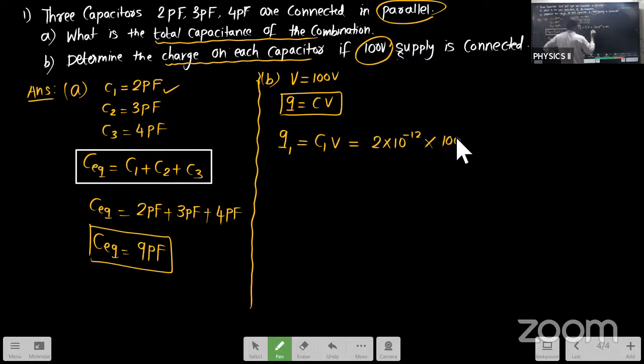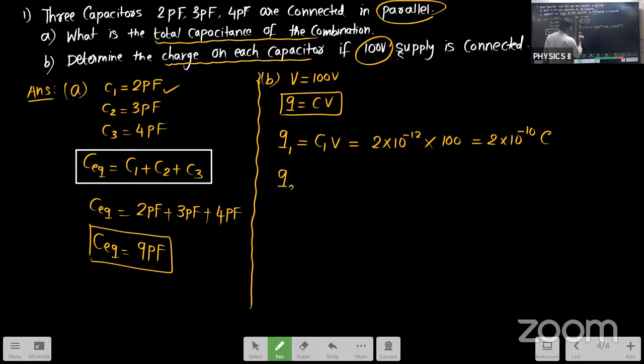So what will be our answer? This will become 2 into 10 power minus 10 coulombs. What is the unit for charge? The unit for charge is coulomb. So if I want to calculate the charge through capacitor C1, our answer will become 2 into 10 power minus 10 coulomb.